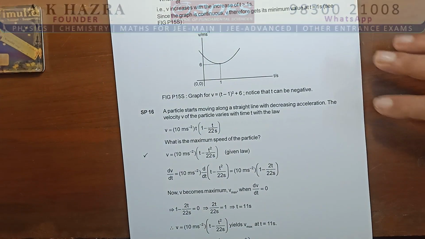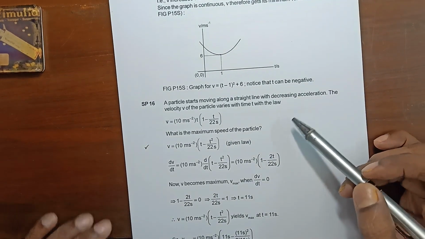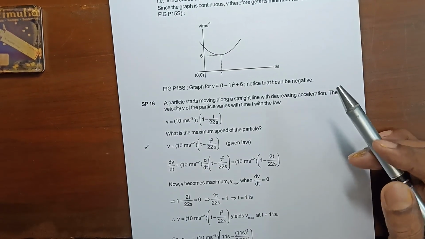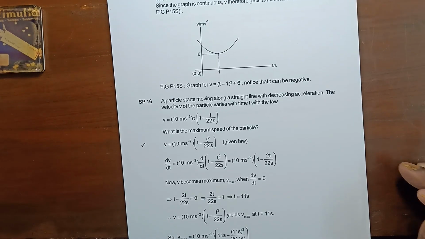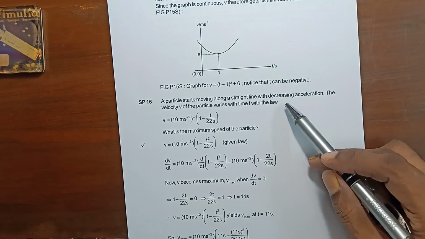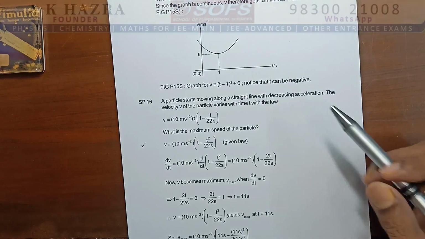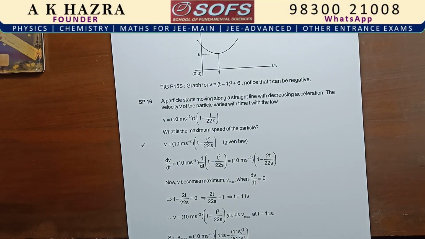Now you see SP16. The particle starts moving along the straight line with decreasing acceleration. Acceleration is decreasing, so be careful. The velocity of the particle is increasing, but increasing at a decreasing rate. Decreasing acceleration means velocity increases, but the rate of increase of velocity gradually goes on decreasing.